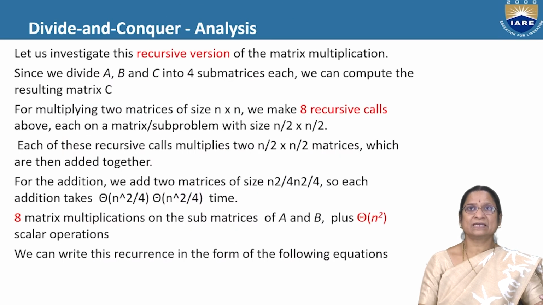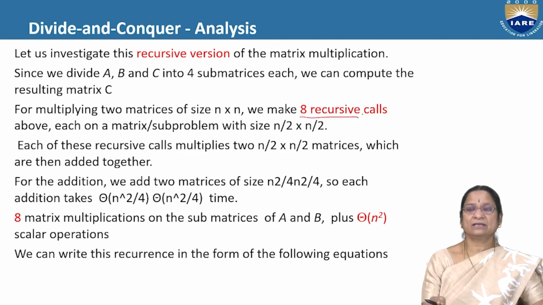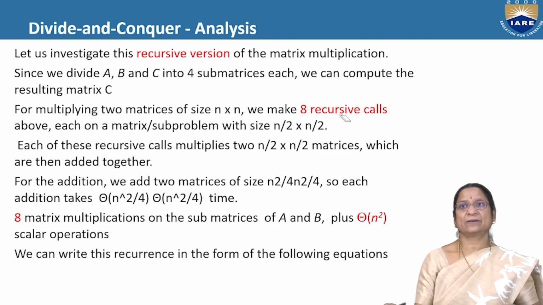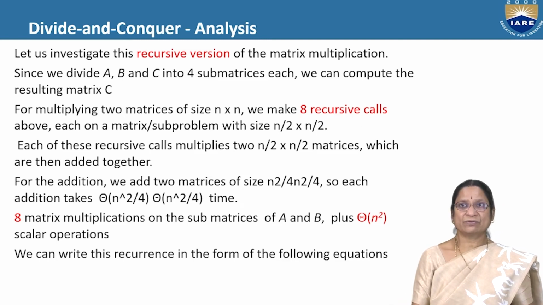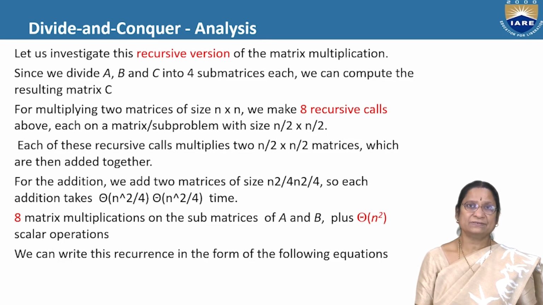If you observe this recursive process analysis, the recursive version of divide and conquer divides A, B and C into 4 submatrices each. We can compute the resulting matrix C by multiplying two matrices of size n by n. We will make 8 recursive calls of the multiplication again. Theta of n square is for the addition of matrices.